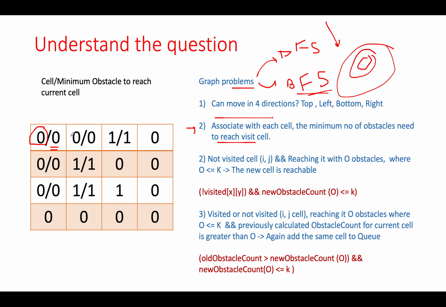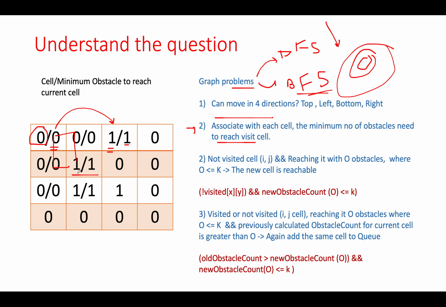For example, if you want to reach this particular cell, how many minimum obstacles do you need to cross? You have to cross at least one obstacle, which is by virtue of the current node. Similarly, if you want to reach this particular node, how many minimum obstacles do you need to cross? One path could be this, the other path could be this.